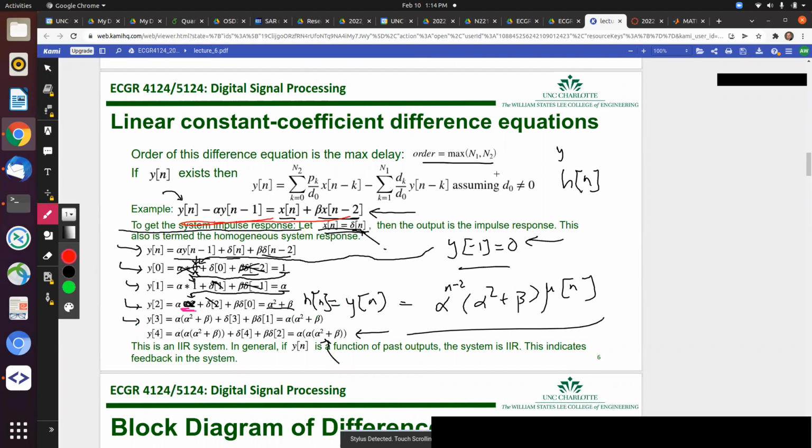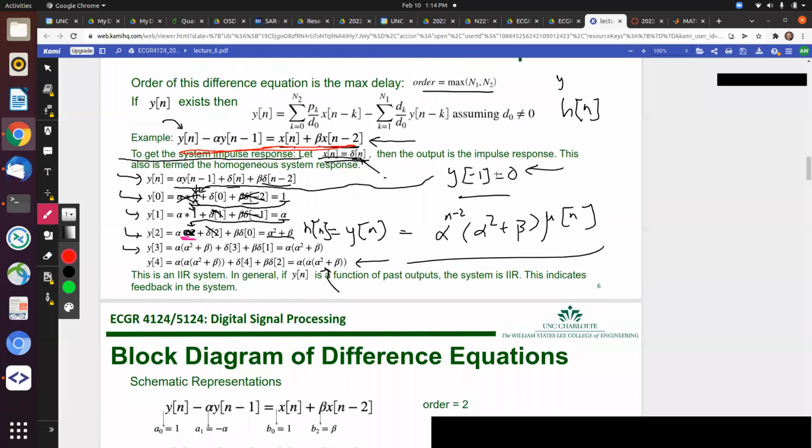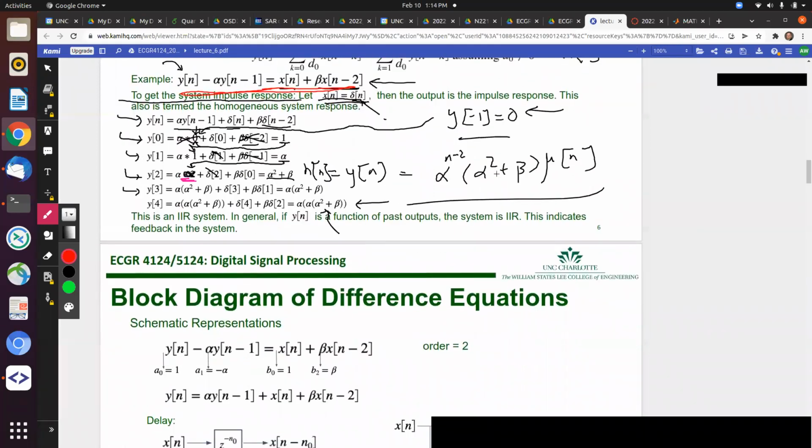Remember, a difference equation is just an equation that involves terms in delayed forms of y and delayed forms of x. Just like a differential equation is an equation that has derivatives in y related to derivatives in x. So, they're analogous. We solved this one by inference and we came up with this as our solution.